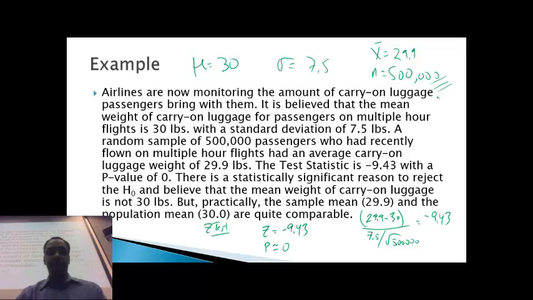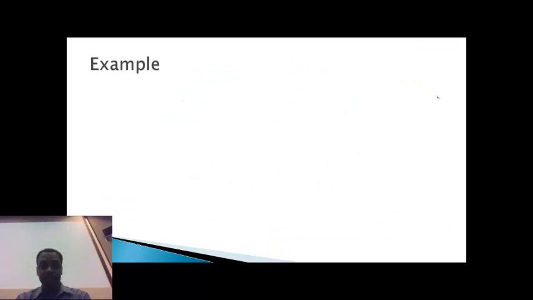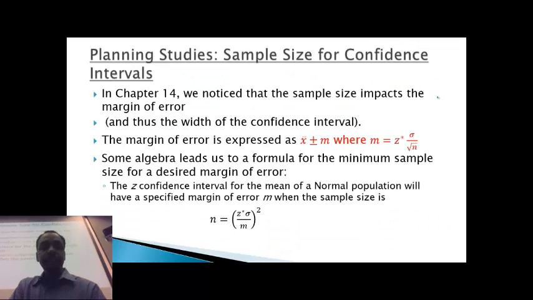Moving and grooving. Last concept. Okay, we talked about this before, the sample size for confidence intervals. The margin of error is this. We saw this in chapter 14.